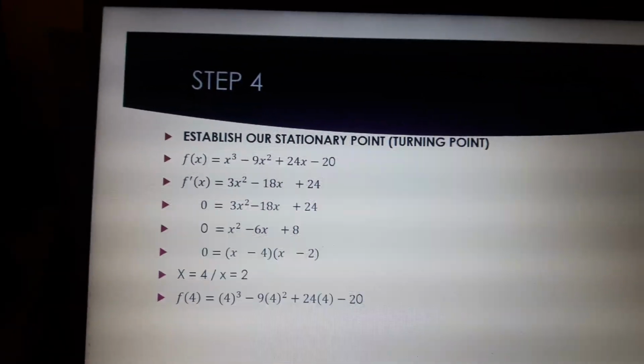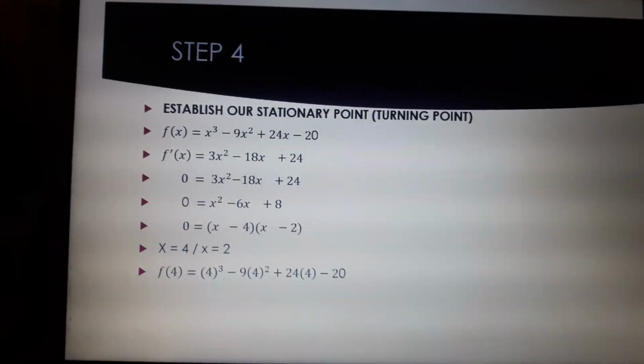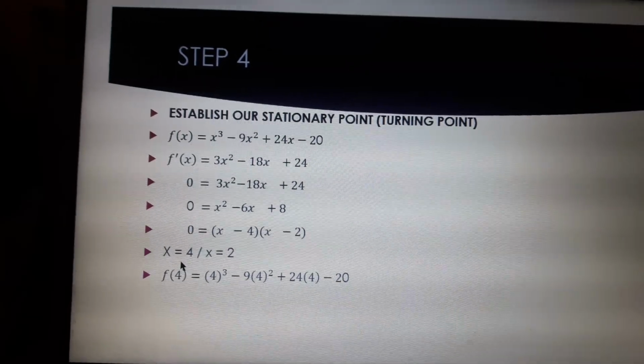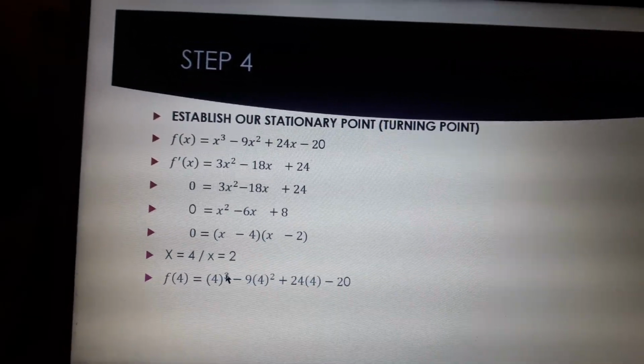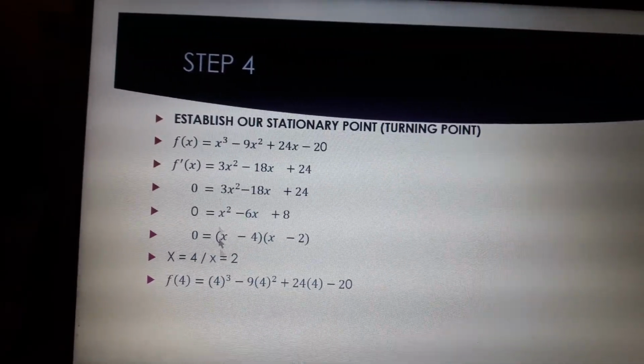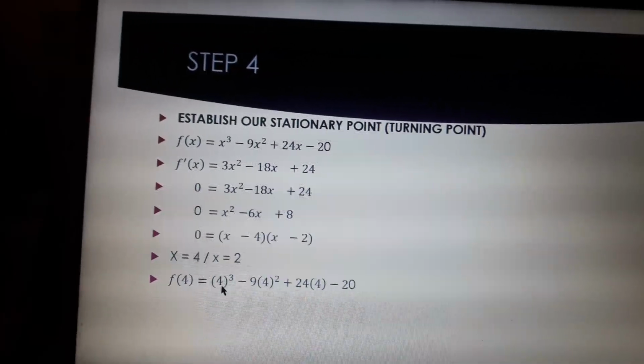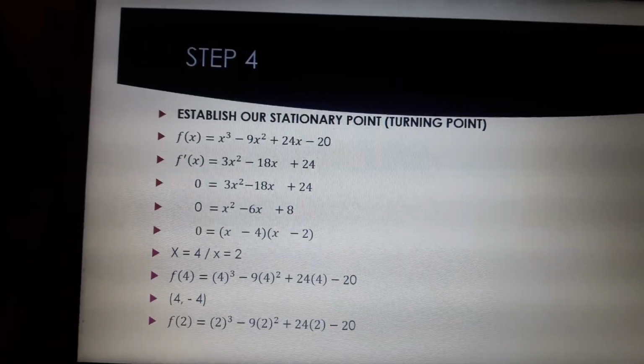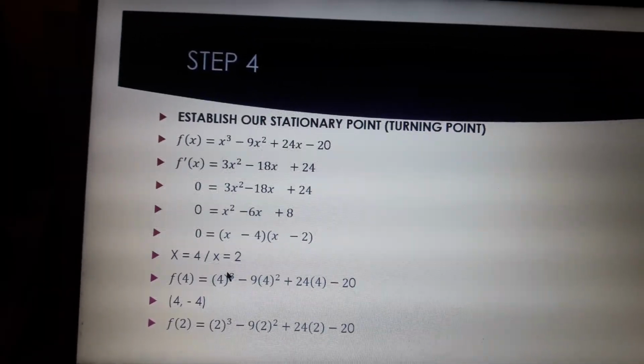Then we substitute our x values into the original equation. When we substitute 4 into our original equation, we get negative 4. Then we do the same thing with the second value.